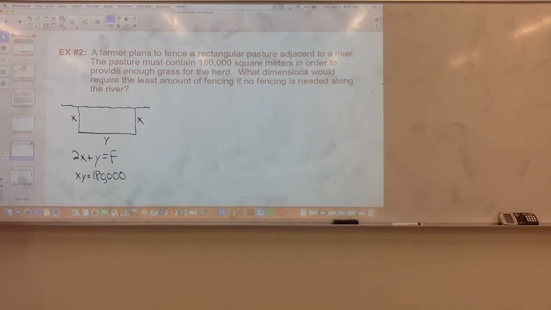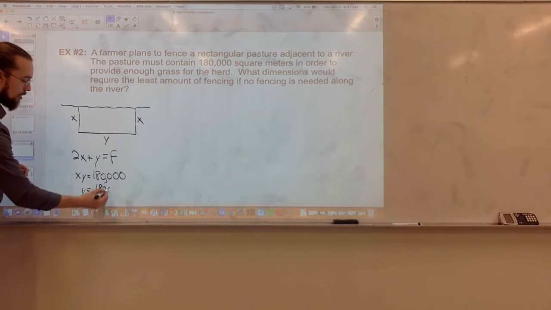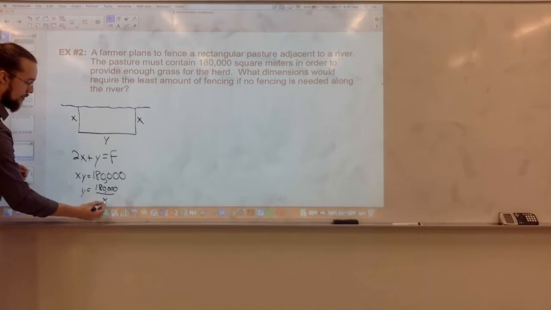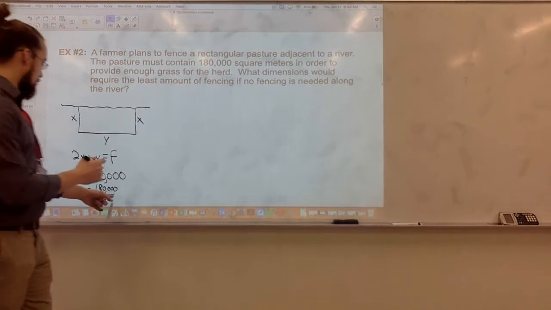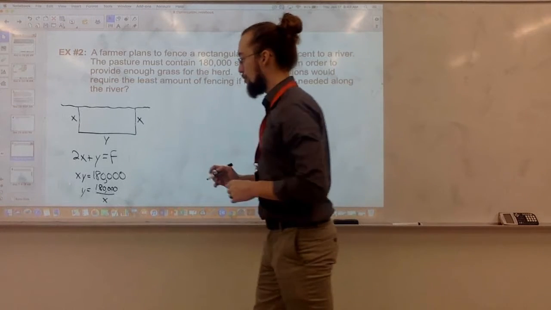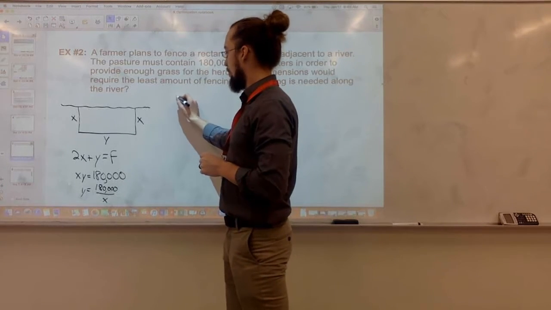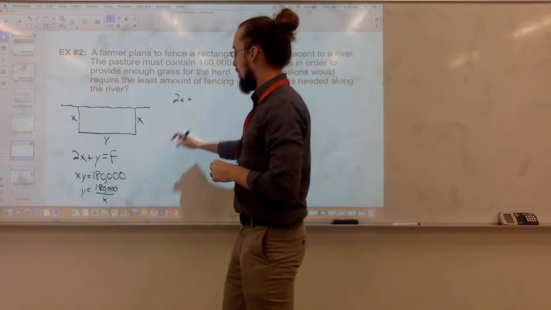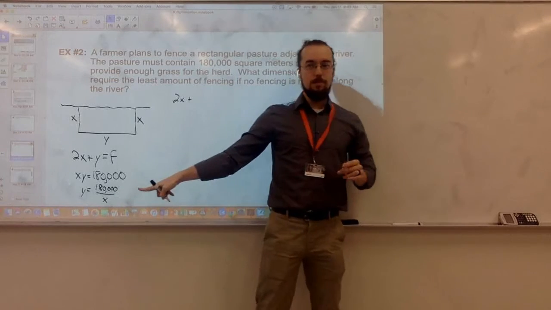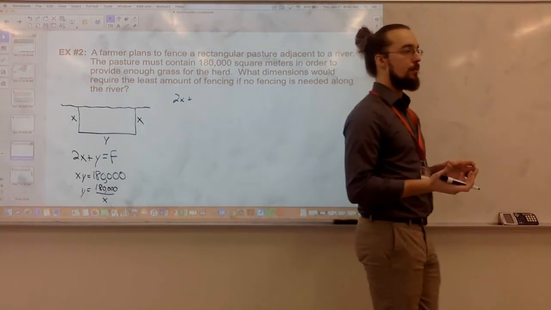Let's solve for y. If I solve for y, just divide by x. So we get 180,000 divided by x. Now I'll plug that into this equation. So we will get 2x plus, since I'm going to take the derivative of this, I'm going to write this as 180,000 times x to the negative first.